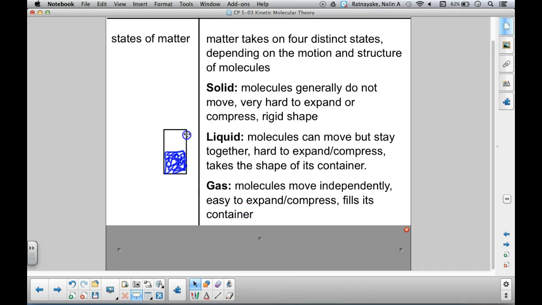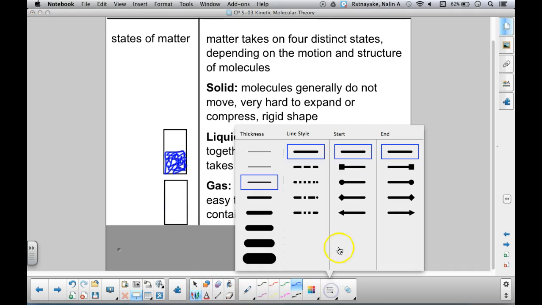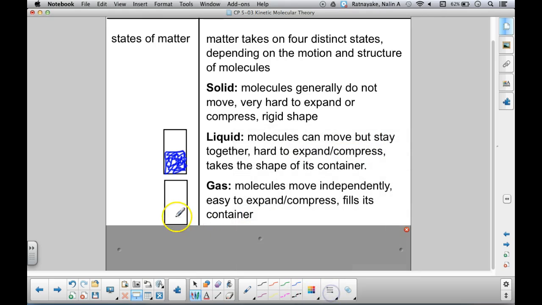That's a liquid. If I were to take that same container and fill it up with a gas, the gas is not just going to stay down here at the bottom. The gas is actually going to fill up the entire container. So let me give myself a little bit of a thicker line so I can fill it up a little bit faster. But the gas is going to take up the whole container.